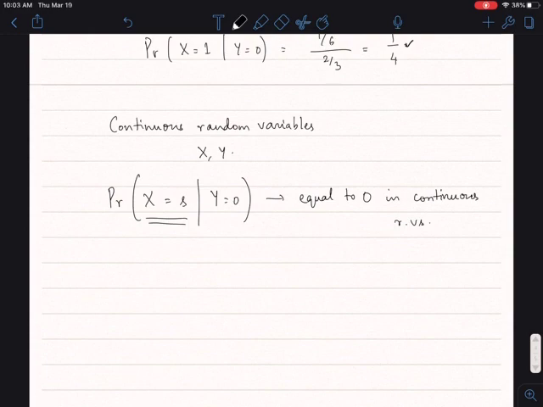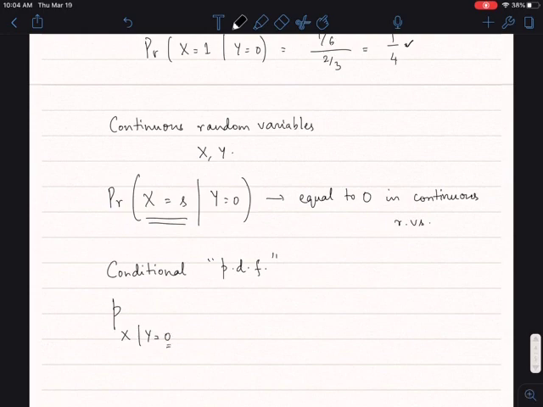I will call it the conditional PDF, and this will be denoted by p_X given Y equals 0. Okay, and 0 is just an example.